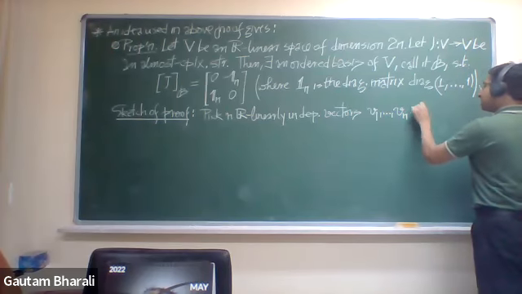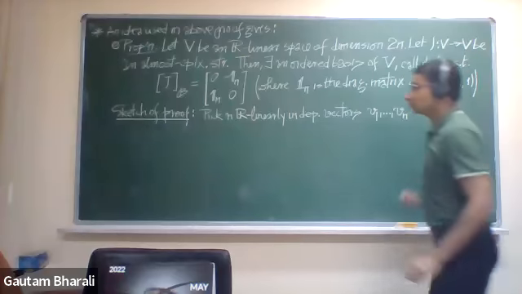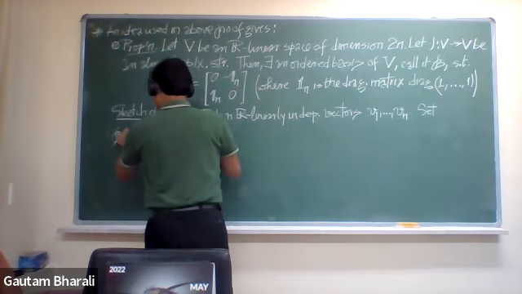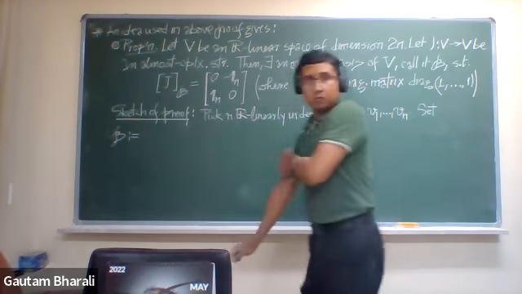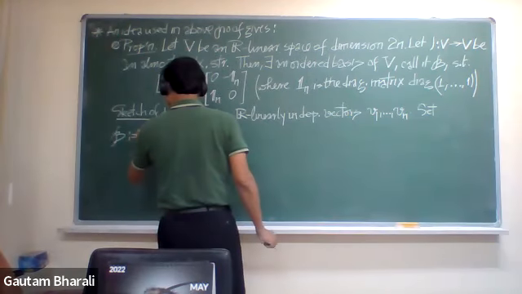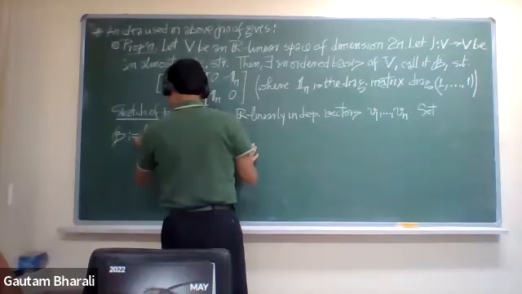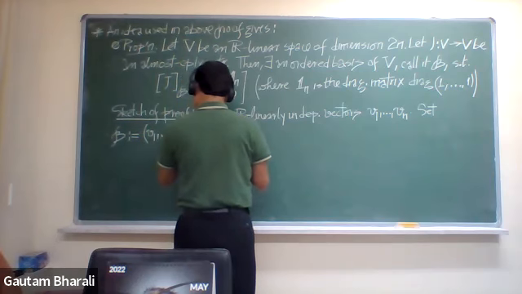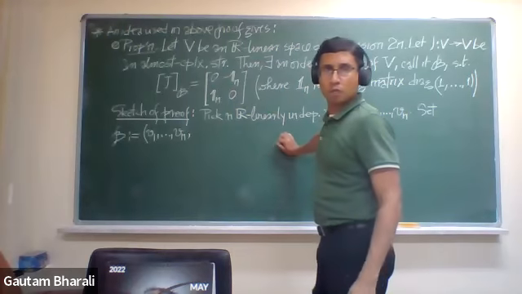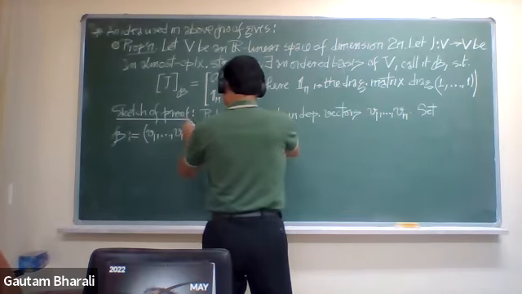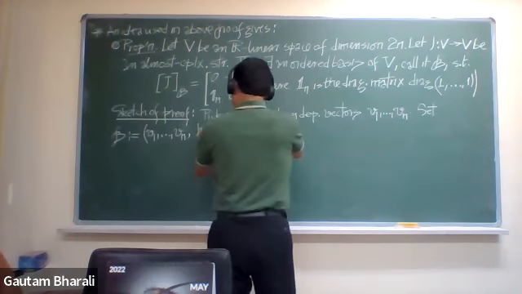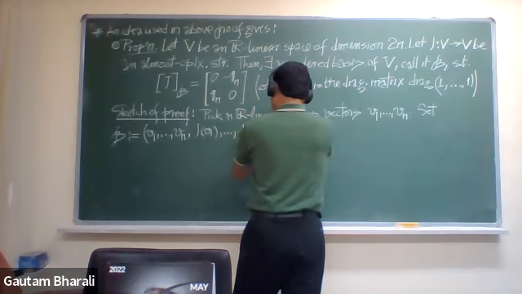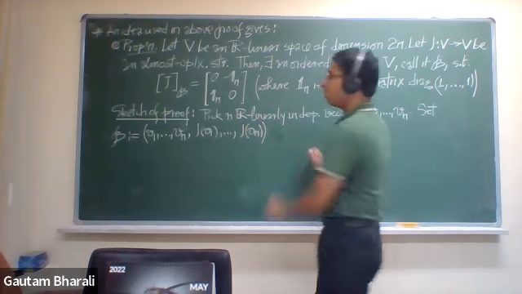Then set script b to be equal to v1 through v sub n, and then J v1 through J v sub n. So this will be my ordered basis.